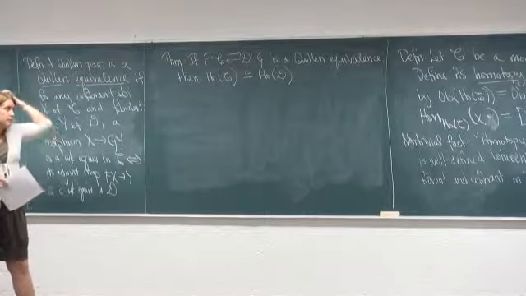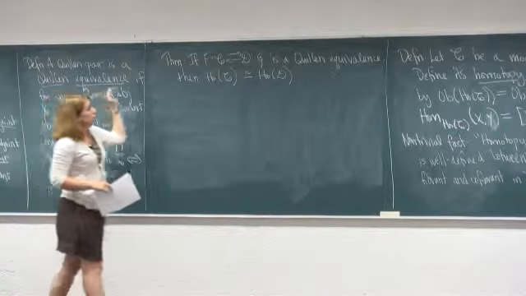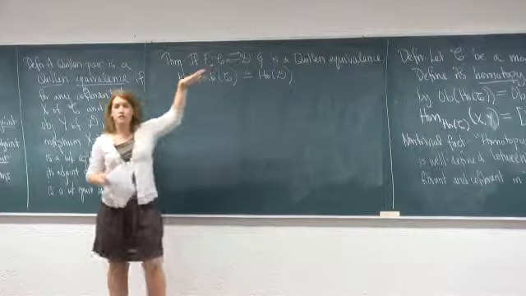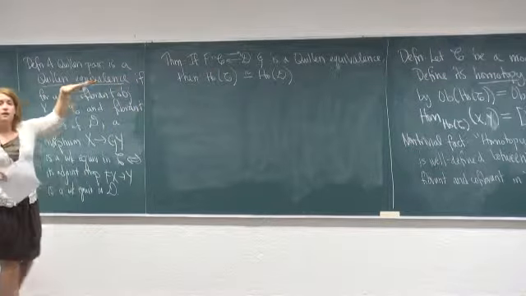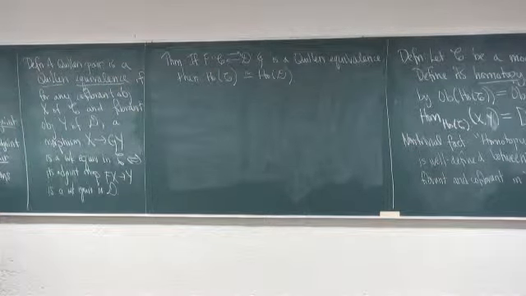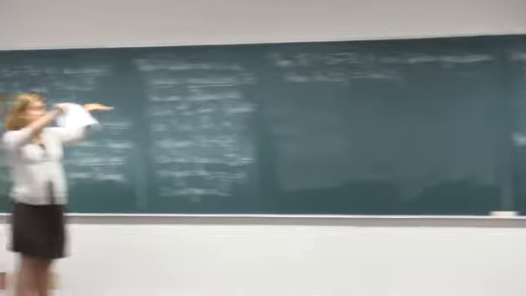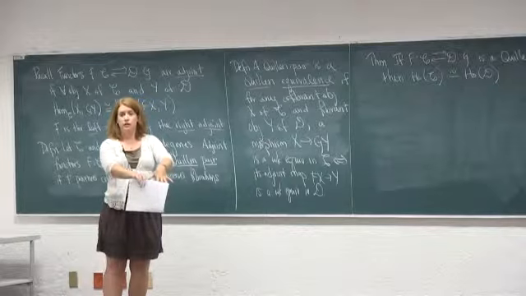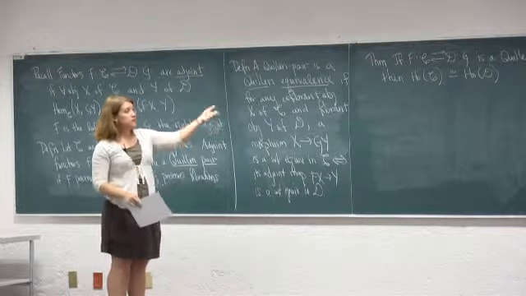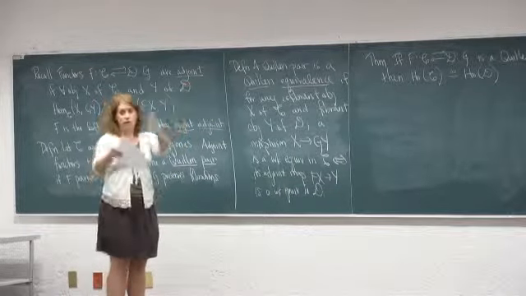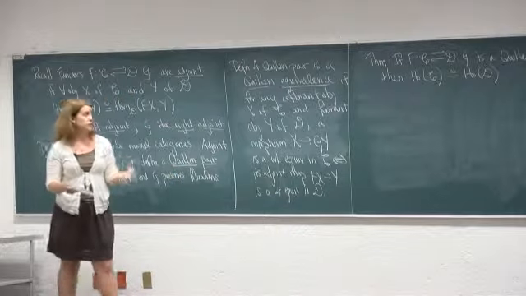So this is our first basic test, right? We can't hope for two model categories to be equivalent, it's not going to be the right notion of equivalence, if we don't get the same homotopy category. But this is stronger. You can have things that aren't Quillen equivalent, but have equivalent homotopy categories.